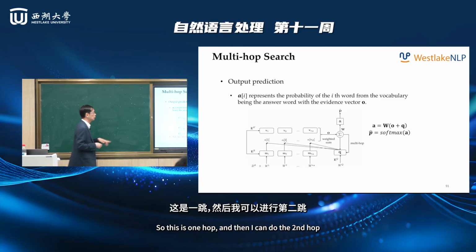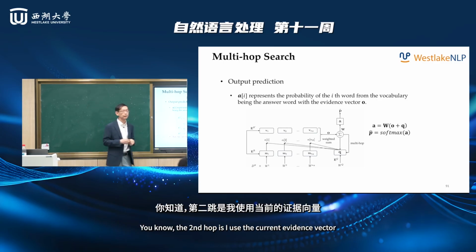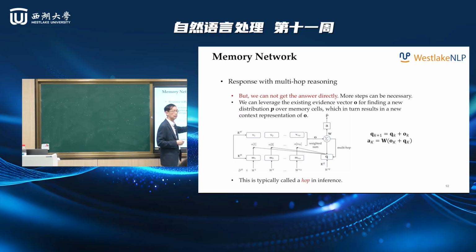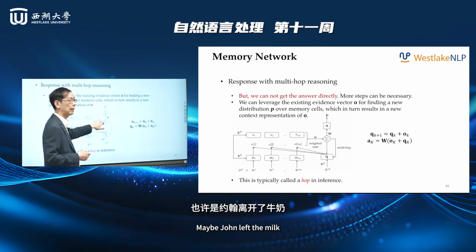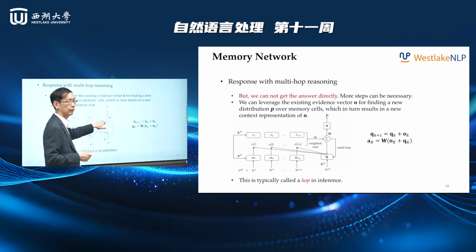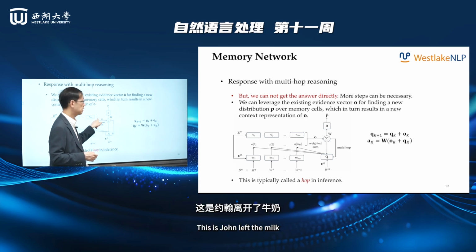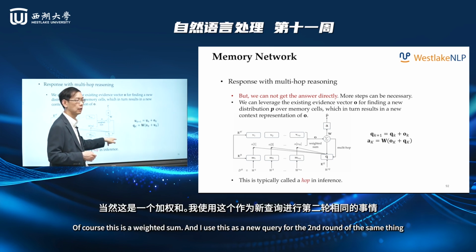And then I can do the second hop. I use the current evidence vector, maybe John left the milk, to add to the original query vector. Where is the milk? This is John left the milk. Of course, this is a weighted sum.